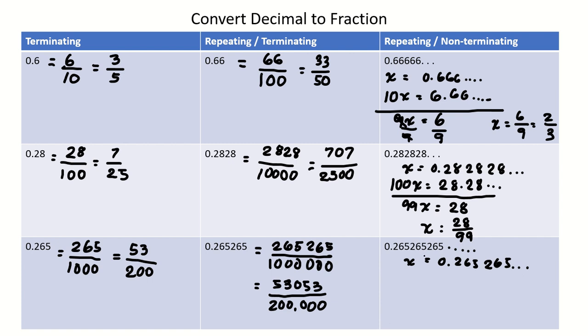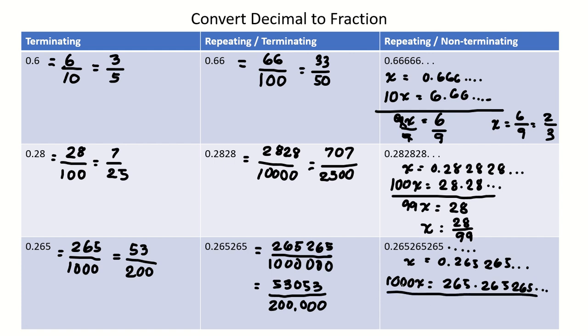Okay, how many repeating digits? So 3, so power of 10 with 3 zeros. So this is times 1000, 265.265, etc. And then subtract.